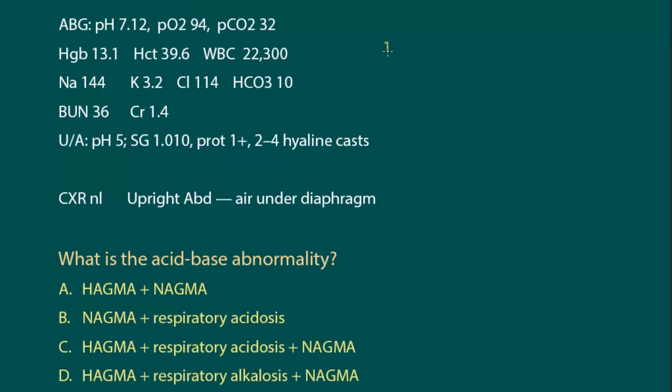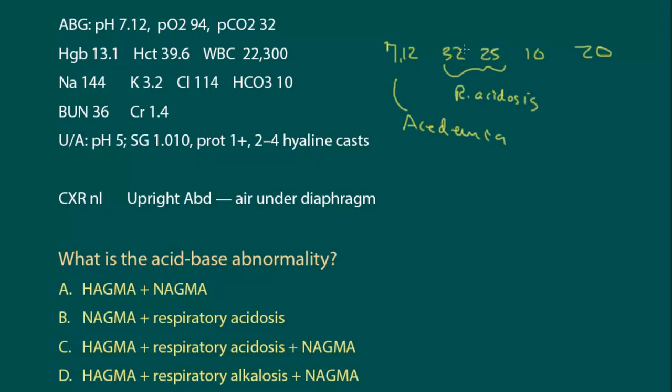pH 7.12. PCO2 32. Bicarb 10. Expected PCO2 is 25. Anion gap is 20. Okay, let's go left to right. pH, patient has an acidemia. PCO2 is higher than expected. This patient is retaining carbon dioxide.